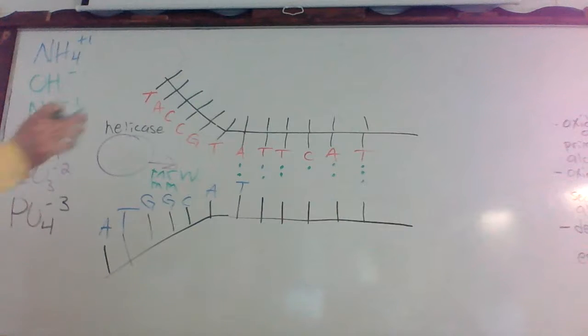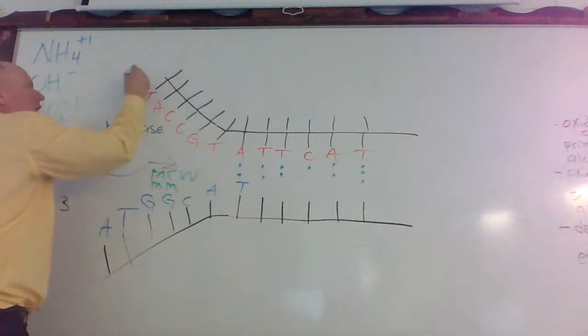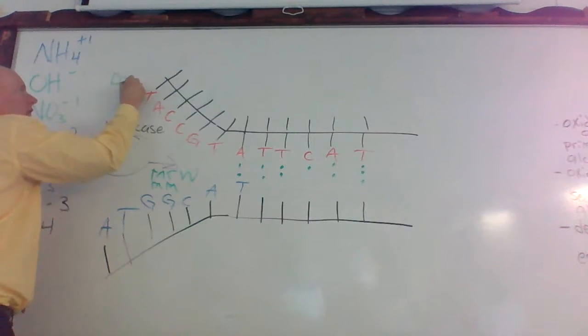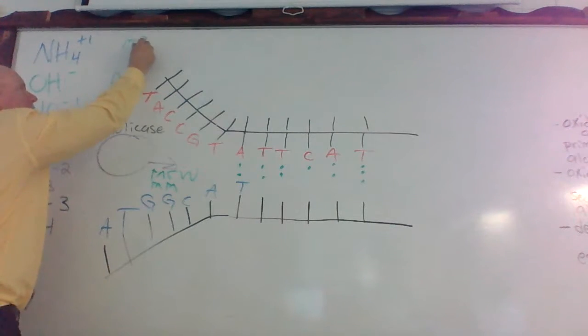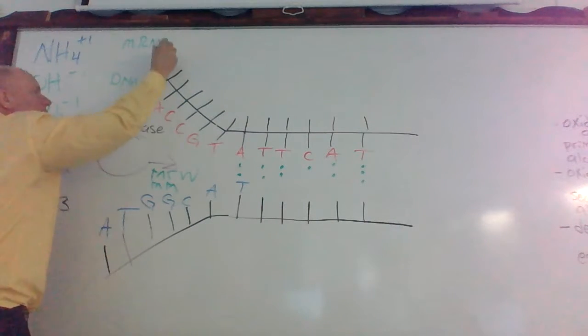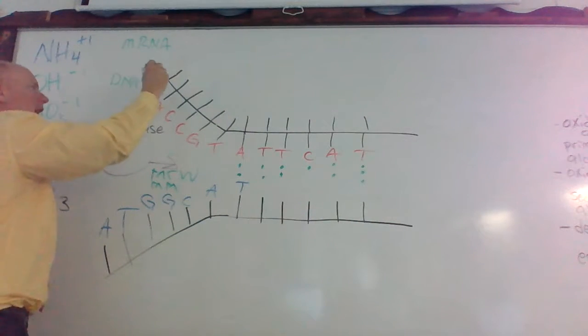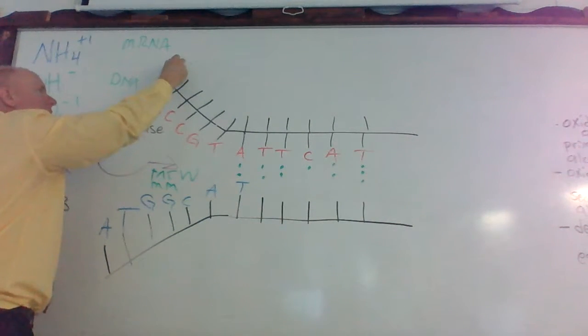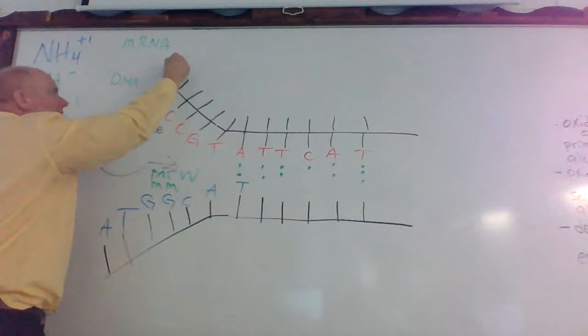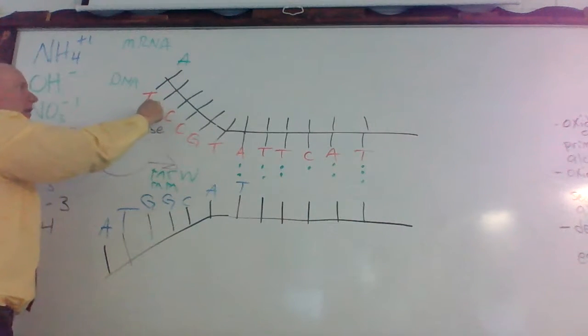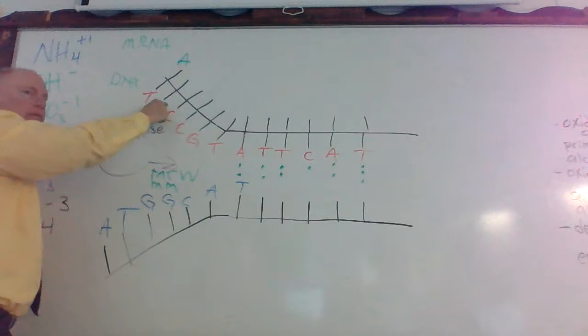So, what bond, now, we're talking about DNAs here, messenger RNA is on the outside here. So, on the outside, what's complementary to thymine? It's still adenine. So, what's complementary to adenine?